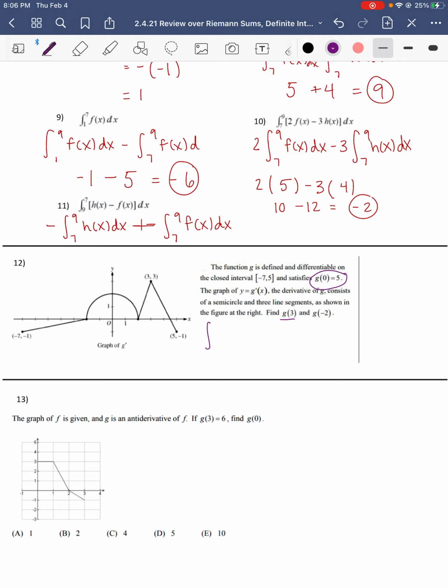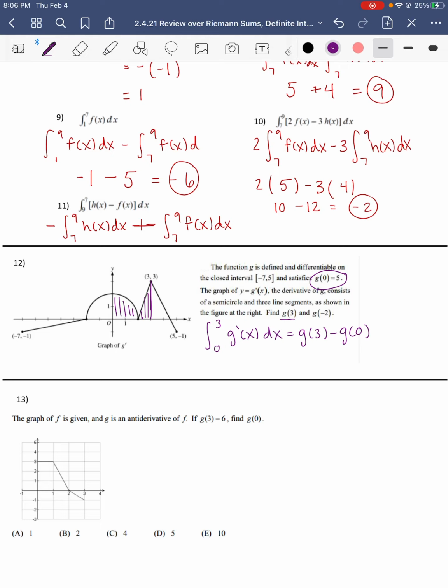Since it gives us g of 0, it'd be from 0 to 3 of g prime of x would equal g of 3 minus g of 0. And to find what this integral would be equal to, we just need to find the area under the curve from 0 to 3. So that's going to be all of this, and then half of this triangle. So everything I have shaded there, we need to find the area of.